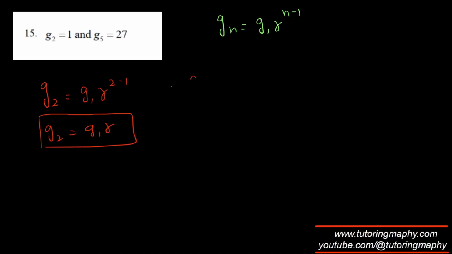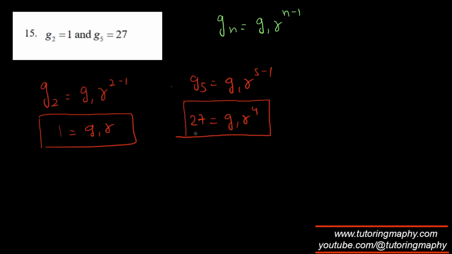And then I have G_5 is equal to G_1 R raised to 5 minus 1, which is G_1 R raised to 4, right? This is the other. And by the way, what is G_5? That's 27. And what is G_2? That's 1.